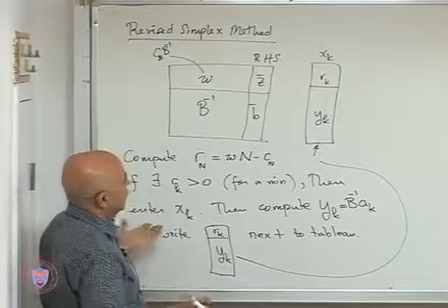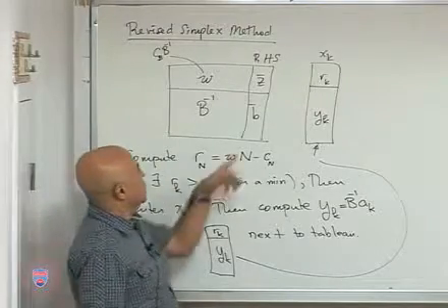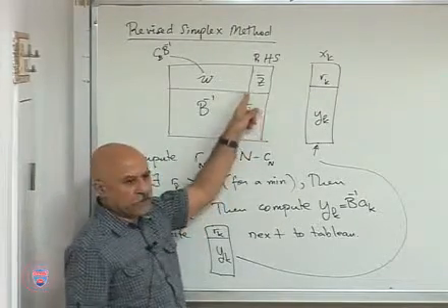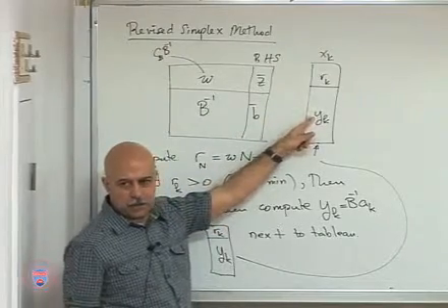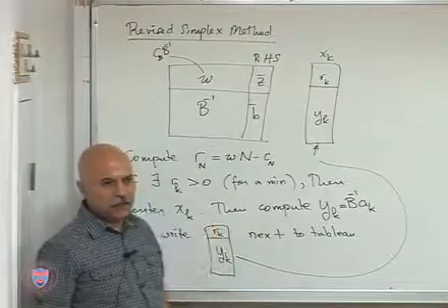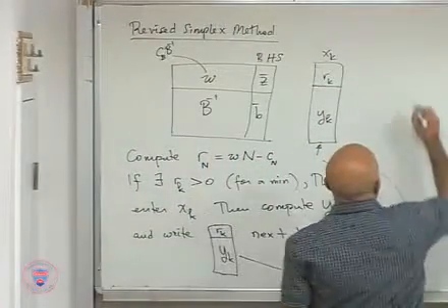All right, what is the next step? The next step is to look at the ratios of the B bar with positive elements in the entering column, and then identifying the exiting variable.